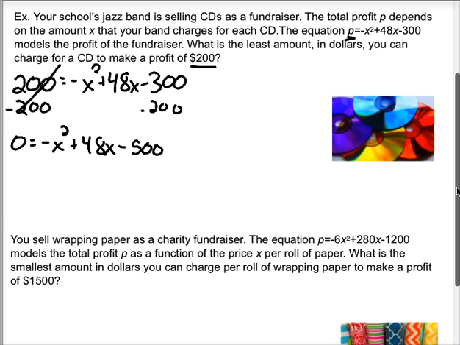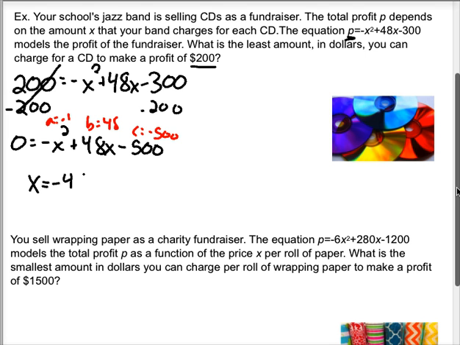Now, of course, we're going to have to use the quadratic formula. So I have my A is negative 1, B is 48, C is negative 500, and I'm going to plug that into the formula.